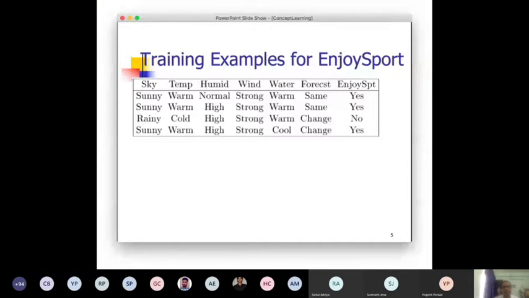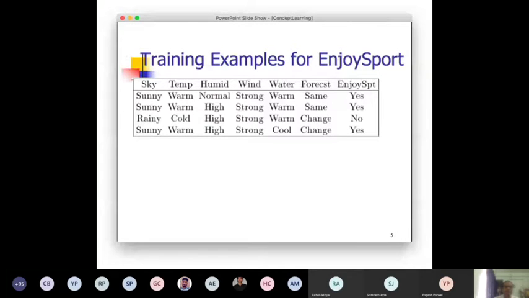And suppose this is the only set of training examples that is with you, and you would like to learn the corresponding hypothesis regarding this enjoy sports. You can see that there are certain facts shown in each row of this table, and in the columns the names of those attributes are also given.